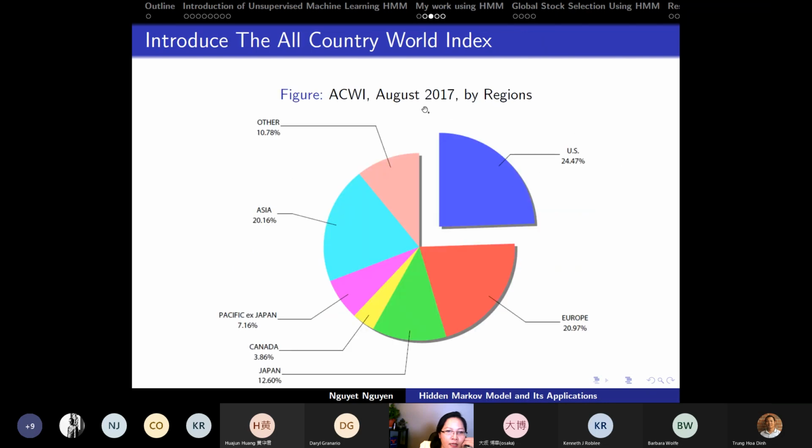Okay, so here is the overview of the All Country World Index. The US is a big market in this set, about 25%. The stocks in the US contribute to the All Country World Index, and you see the other countries too. ASEAN is about 20%.